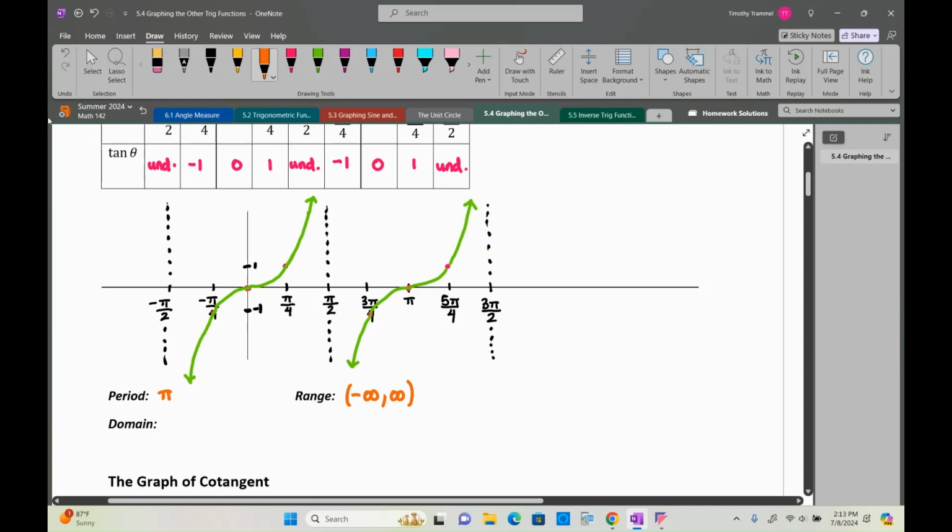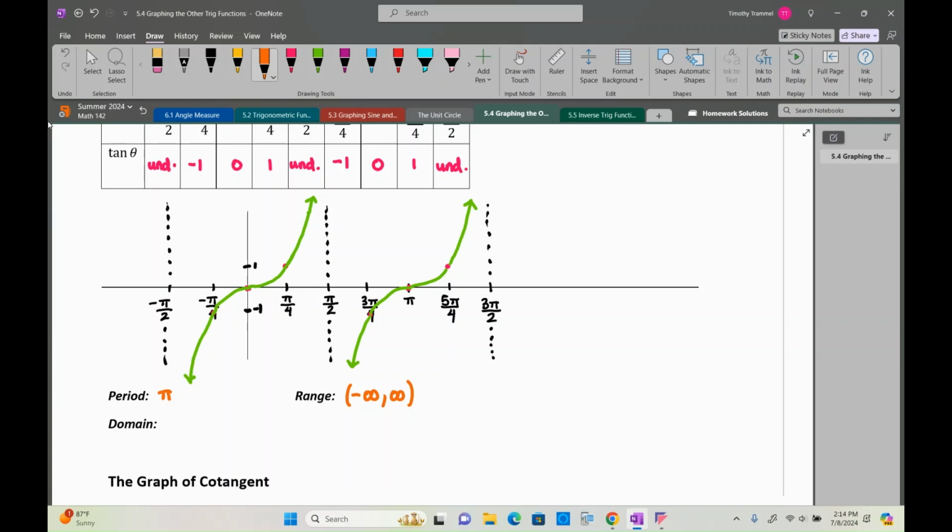Something a little less obvious. You do not need to memorize this by any means, but we could also include the domain here. Okay. And if we were to include the domain, it's going to be a little bit tricky to write. Right? So if we were to try to write in that domain, here's how we'd have to do it.